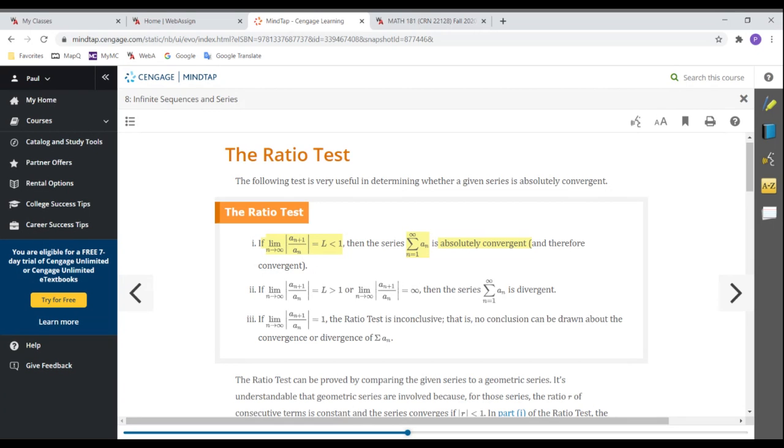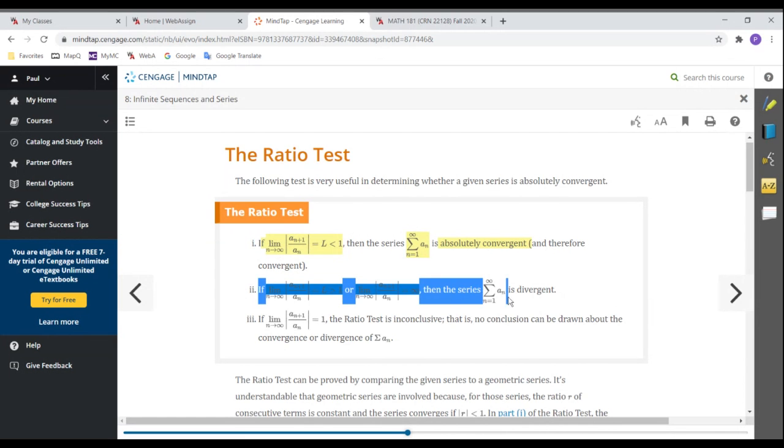If that ratio, as n goes to infinity, equals a number L, and that's less than 1, then what you're saying is that your series behaves like a convergent geometric series eventually. That's what that means. That's what this first statement means. Eventually, the terms of the series will behave like a convergent geometric series.